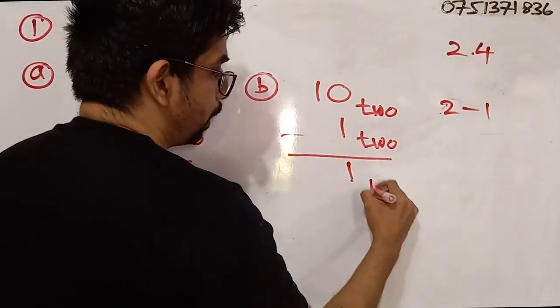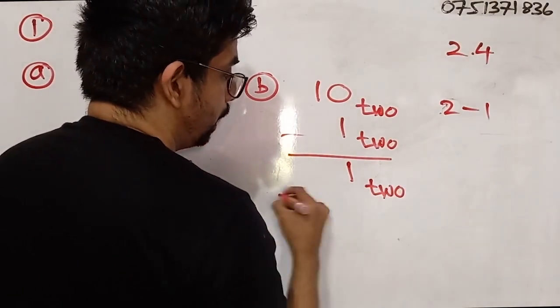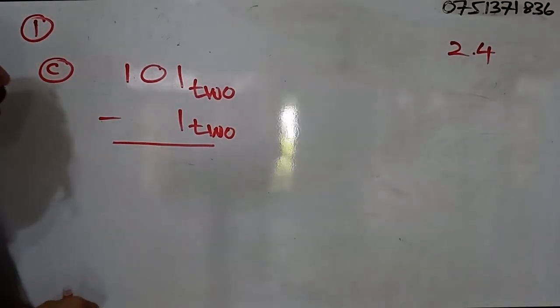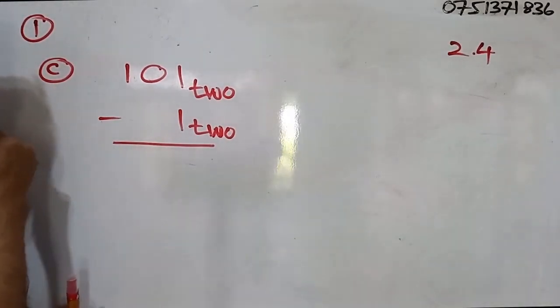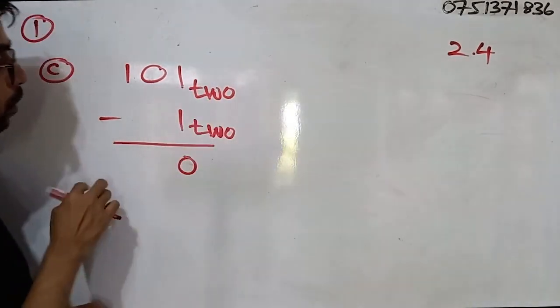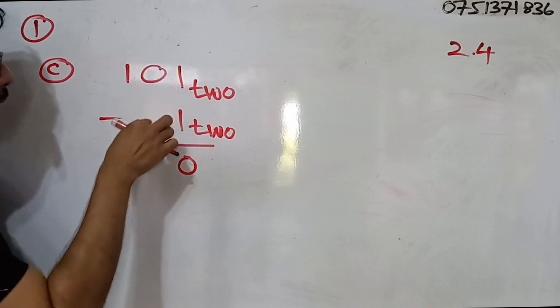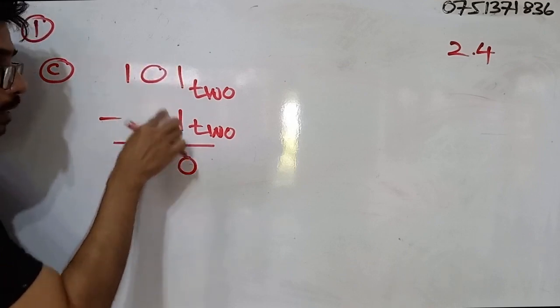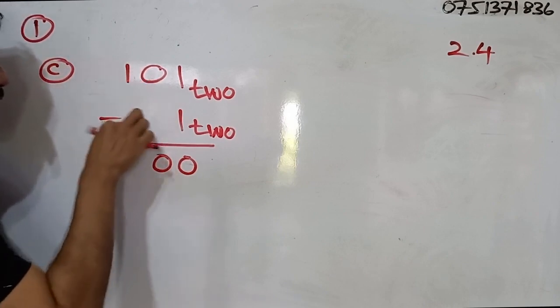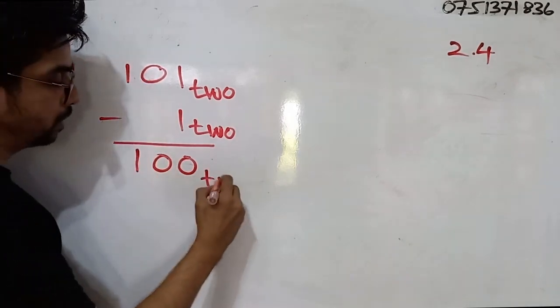So here the answer is what? 1 base 2. Right. So this is part C. So again we have to do a subtraction, right? So 1 minus 1, that's a 0. 0 minus 0, right? There is nothing here. So this becomes what? 0. 1 minus 0, what is that? 1. Base is what? 2.